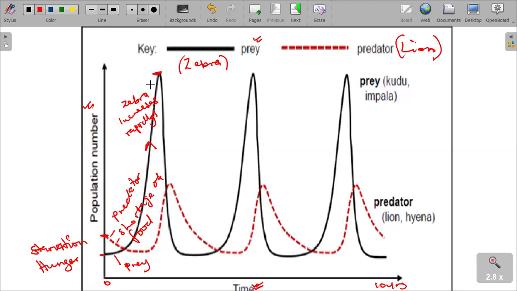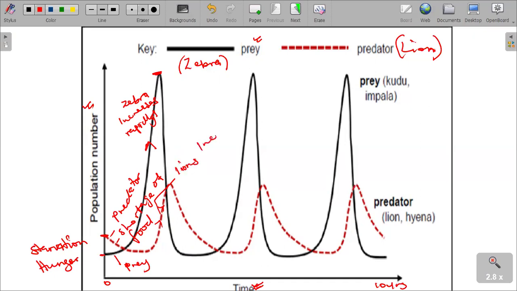As that point is reached, competition for food among the zebras would also get to be more, as we have explained above. As the zebra population increases, we would also see an increase in predation, where the number of lions also increases.